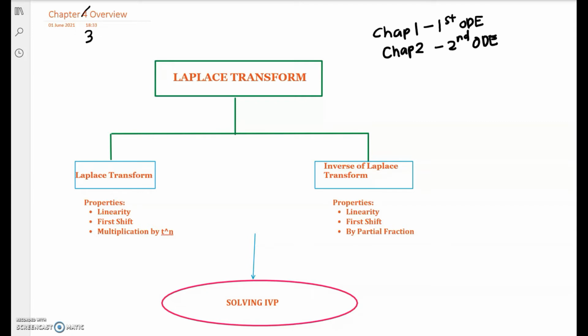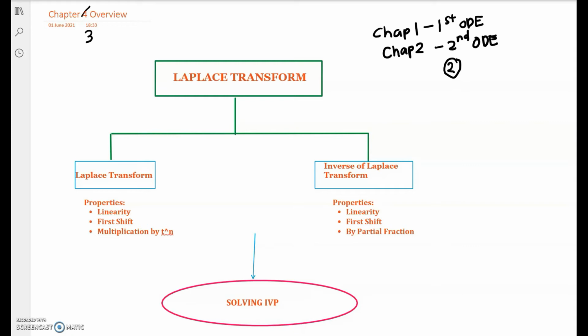In chapter 2 we have 2 methods to solve the non-homogeneous linear differential equation with constant coefficients, and then we talked about the Cauchy-Euler equation, how the second order linear differential equation with variable coefficients can be transformed into the form of constant coefficients. Then we apply the 2 methods, the undetermined coefficient method and the variation of parameters method.